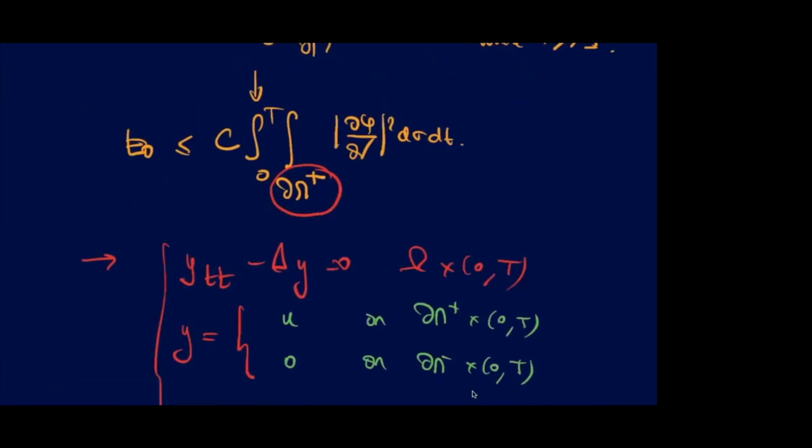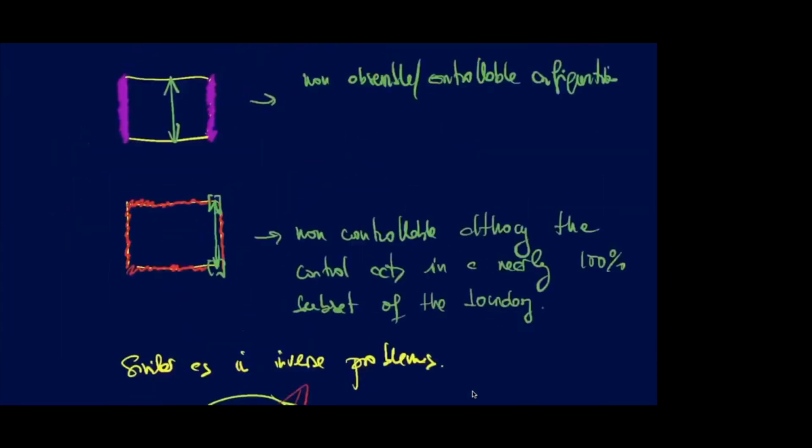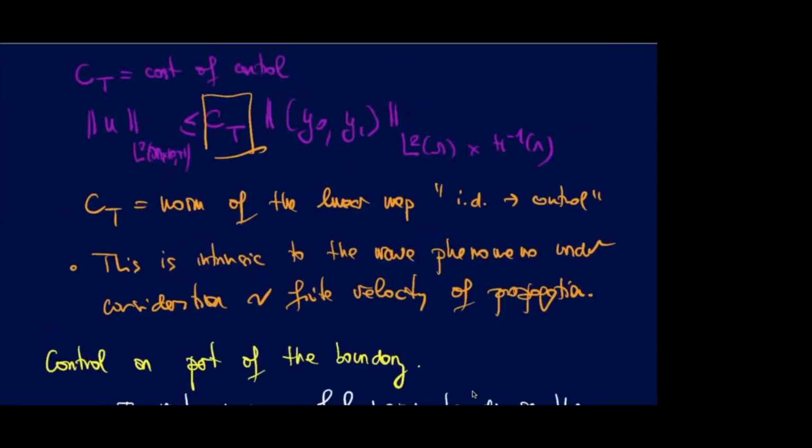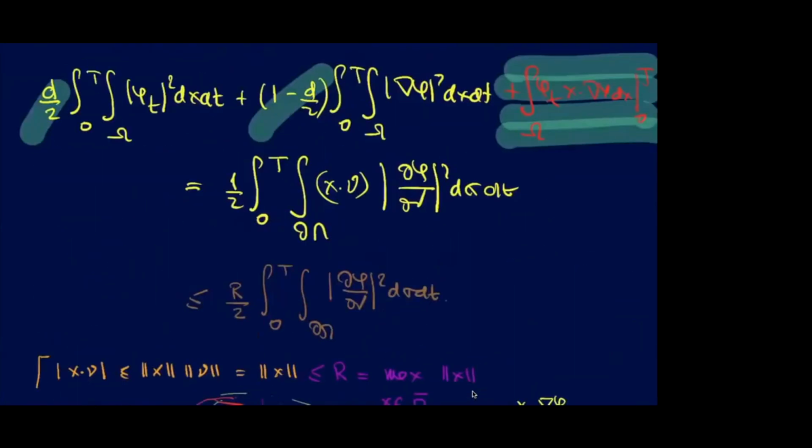And then if you are interested in computational aspects, you will ask me, what is the difference? So we go back here. We said, in order to compute the control, I needed to minimize a functional.